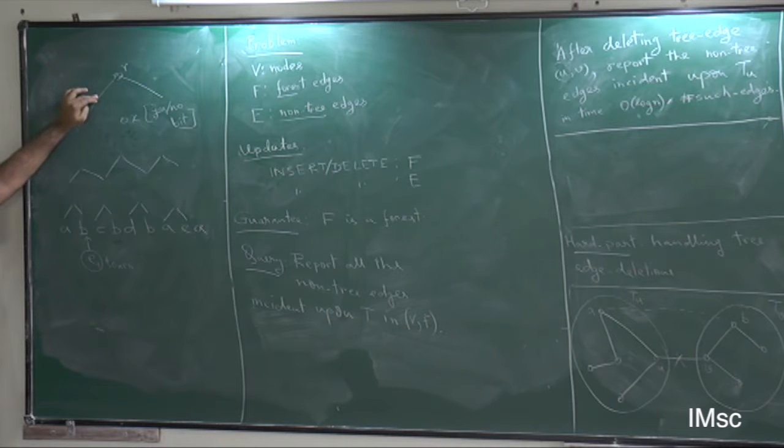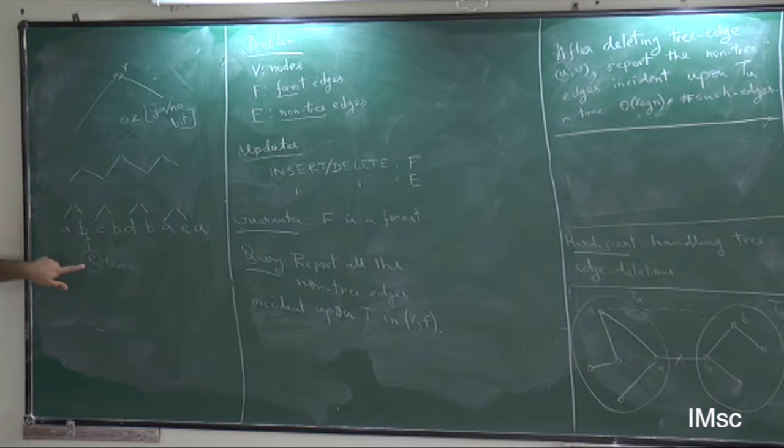If that bit is yes, you go to that next child and again ask this question. So, you will be able to abort a whole bunch of subtrees that you do not need to traverse, and you can check that the time will be order log n times the number of such edges, because the depth of this tree is at most log n.